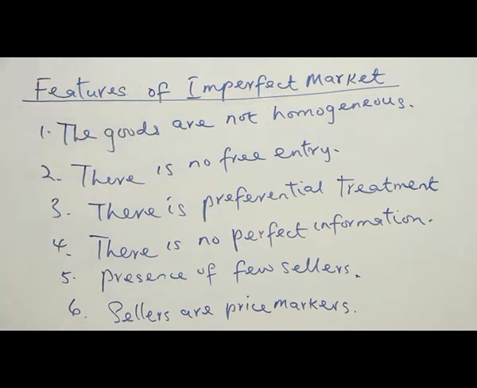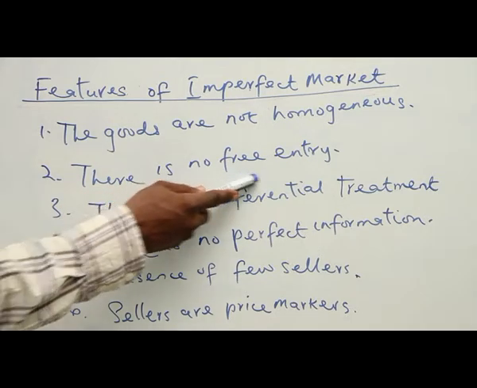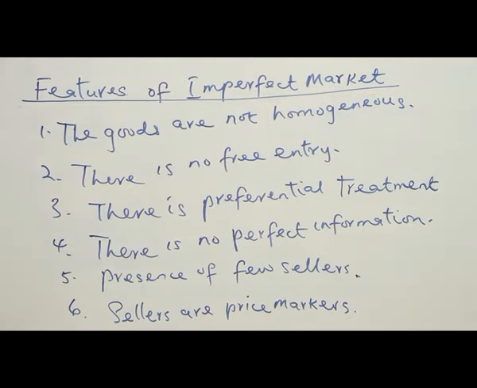So all the products that we have are heterogeneous. That is, they are not the same, because quality will make them different, and so on and so forth. B, there is no free entry. Here, in terms of an imperfect market, once the sellers or the producers are allowed to determine the price, they will find a way of blocking others from entering the market.